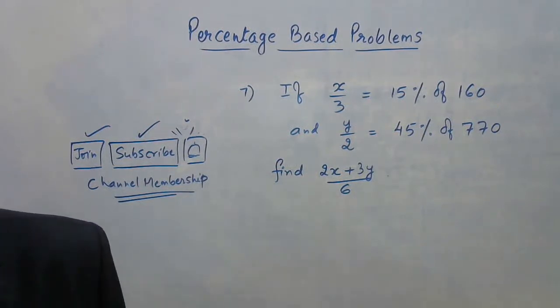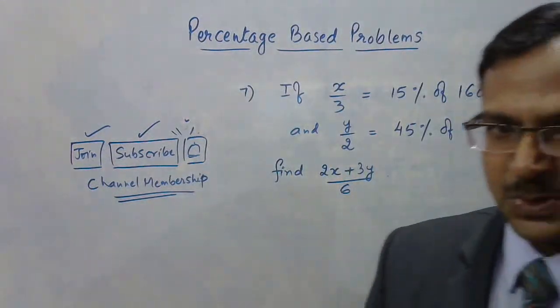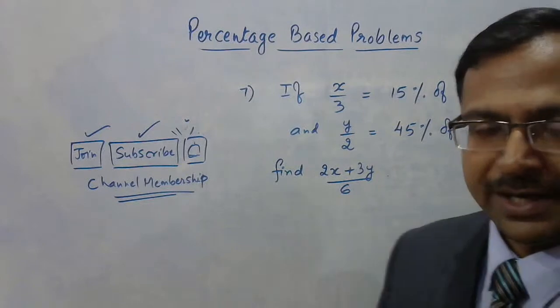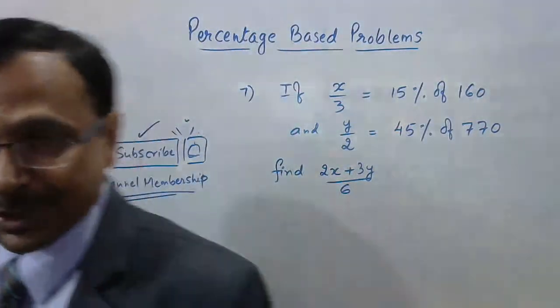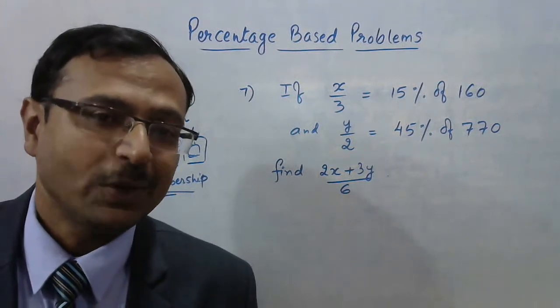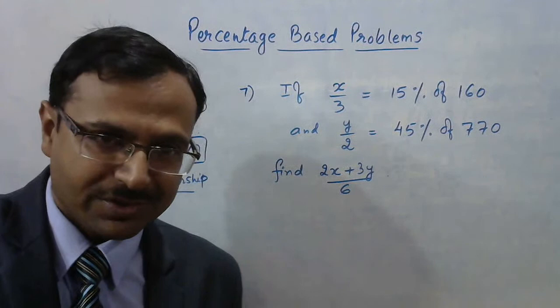Now be careful, the question has a catch in this, so you need to be aware of that catch. If you can identify that catch, this question is very easy. But if you can't identify the catch, then you are going to consume a lot of time in solving this one. So be aware and be cautious, friends.